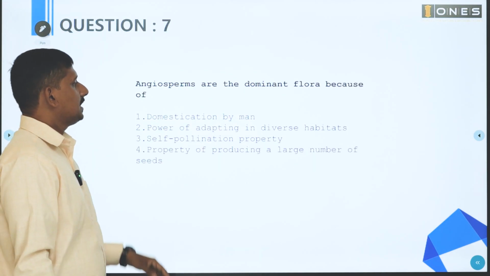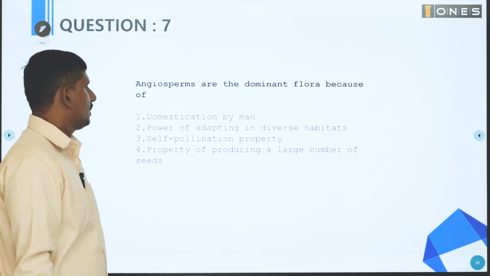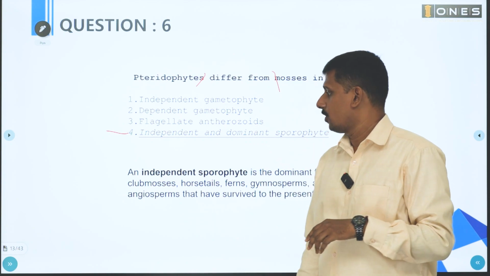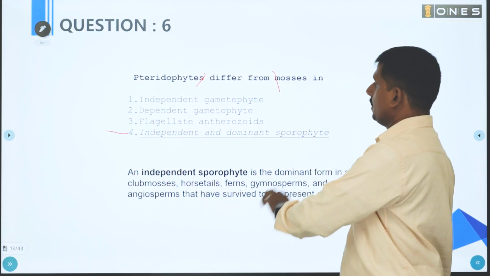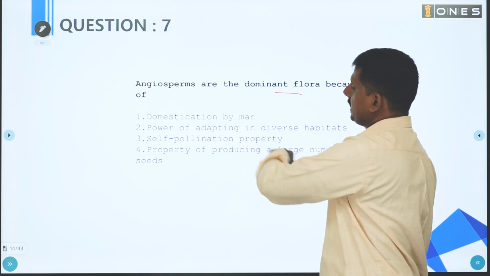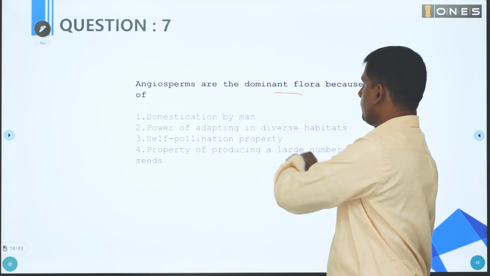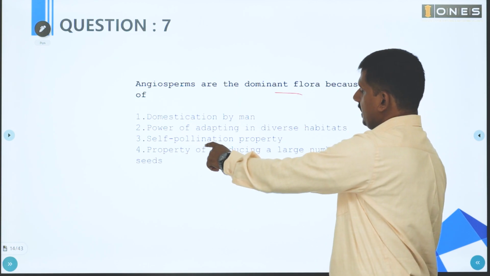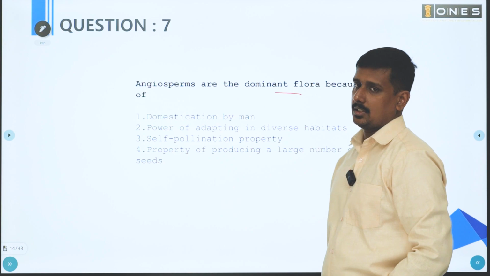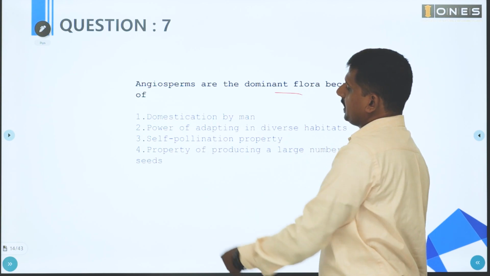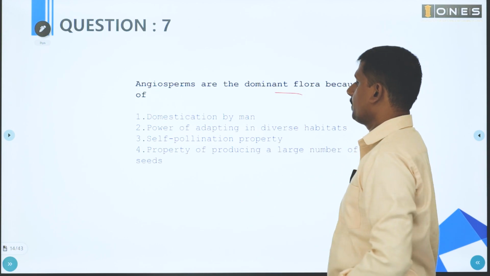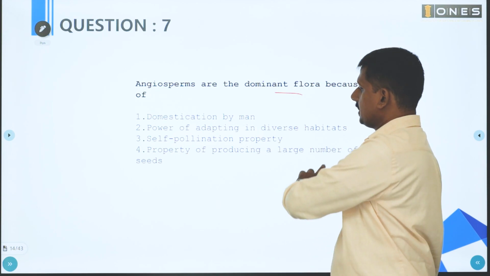Why are angiosperms called the dominant flora? The options are domestication by man, power of adapting in diverse habitats, self-pollination, and the property of producing a large number of seeds.